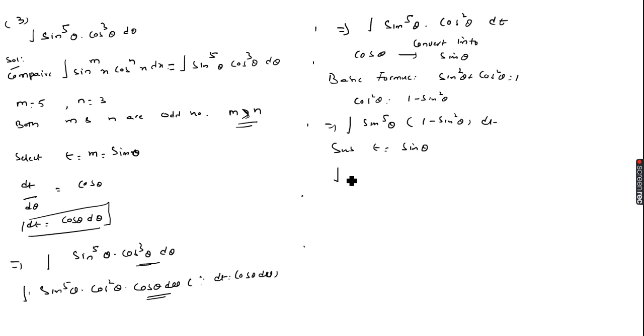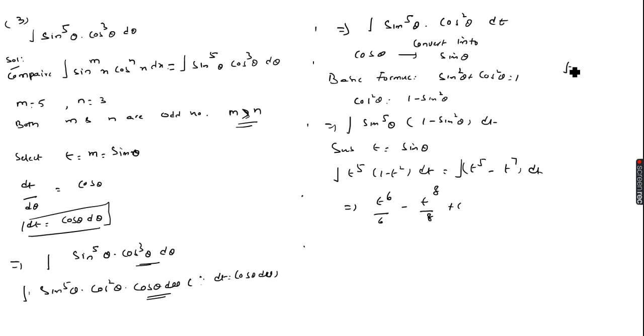Therefore t power 5 into 1 minus t square into dt, we get t power 5 minus t power 7. That is the integration of t power 5, which is nothing but t power 6 by 6, minus t power 8 by 8.